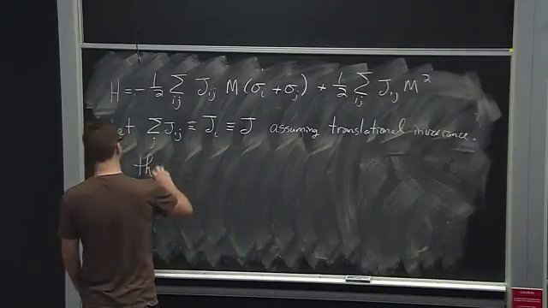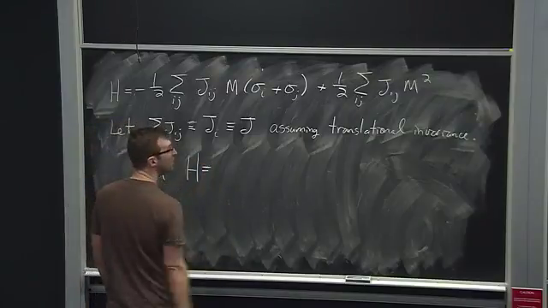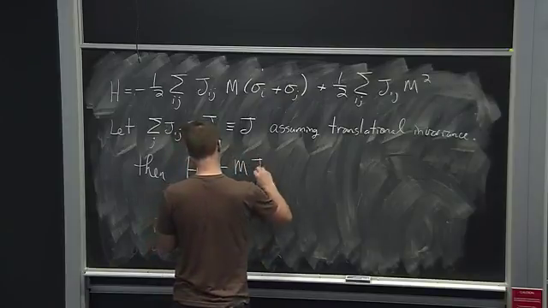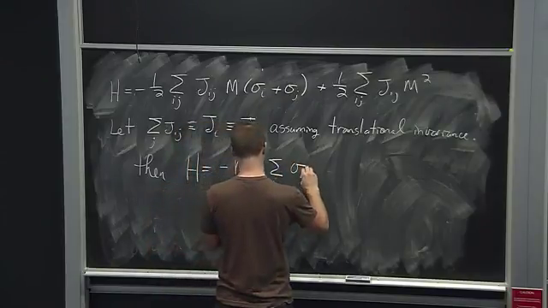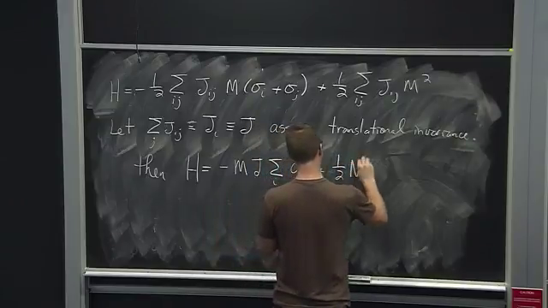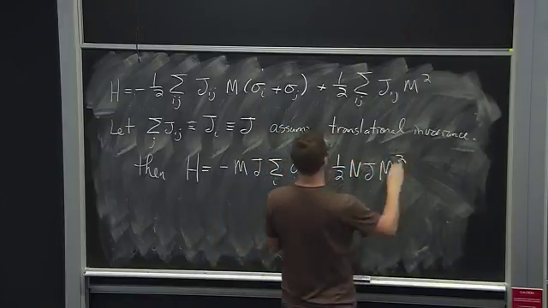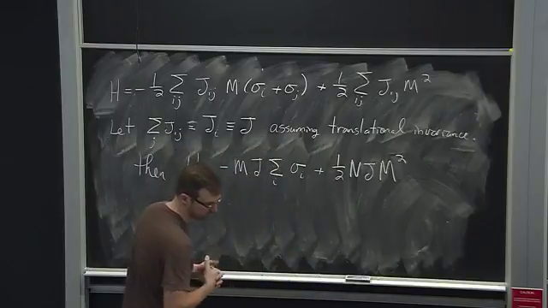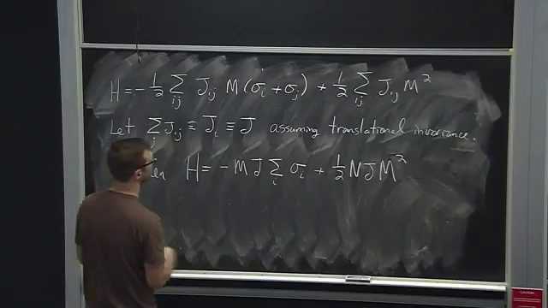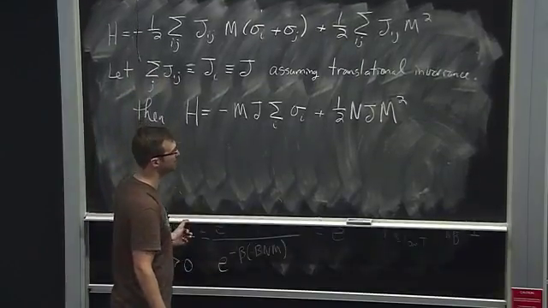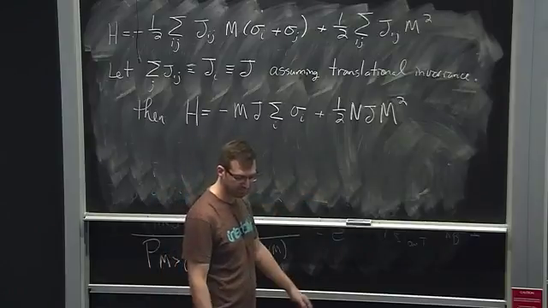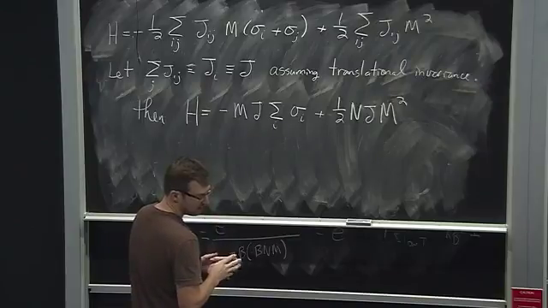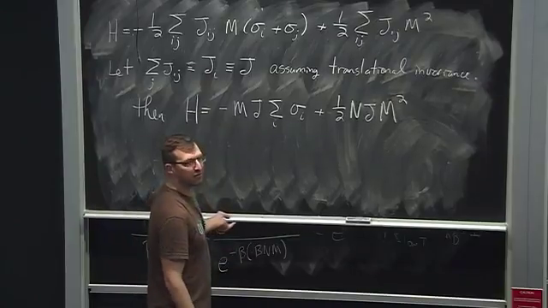So then my Hamiltonian starts looking a lot simpler. Let me pull out the magnetization. There's still a finite size system. Cool. And this is simple enough that we can calculate the free energy from it.